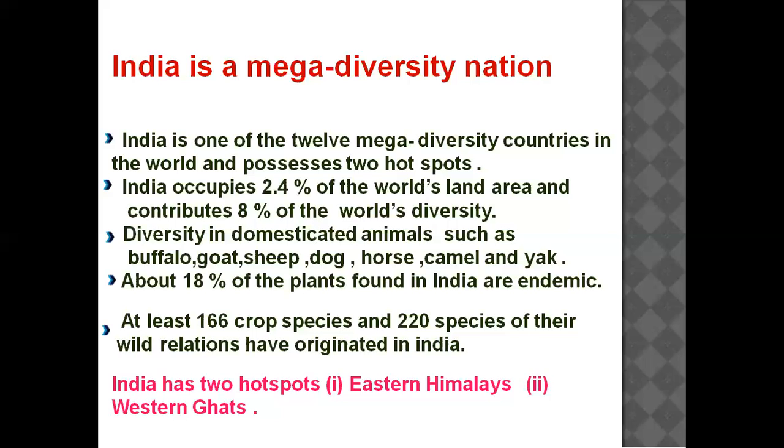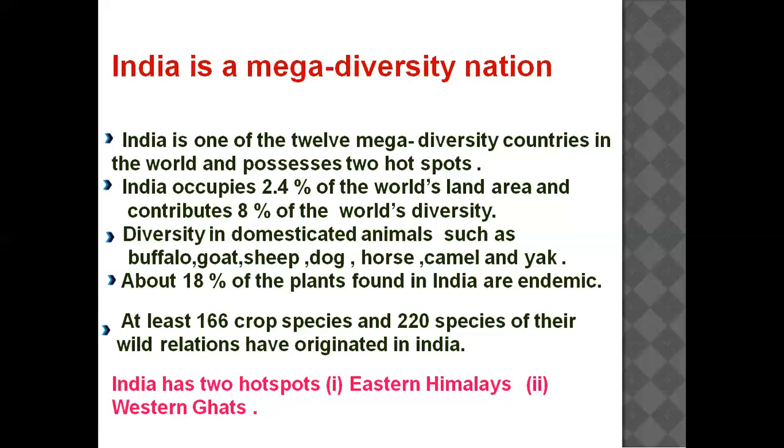It has 350 different mammals, 1,700 different species of birds, and 45,000 different species of plants, and among these, 18% of the plants are endemic. Endemic means some of the plants found in India are not found anywhere else in the world. India occupies 2.4% of the world's land area and contributes 8% of the world's diversity.